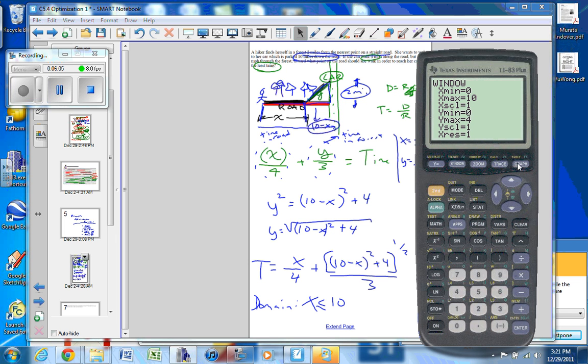So I graph it, and here's my graph, and I'm looking for the minimum time. So second calc, go to minimum, and just trace along until we've bounded the minimum. We get that the minimum time occurs when x equals 7.73.